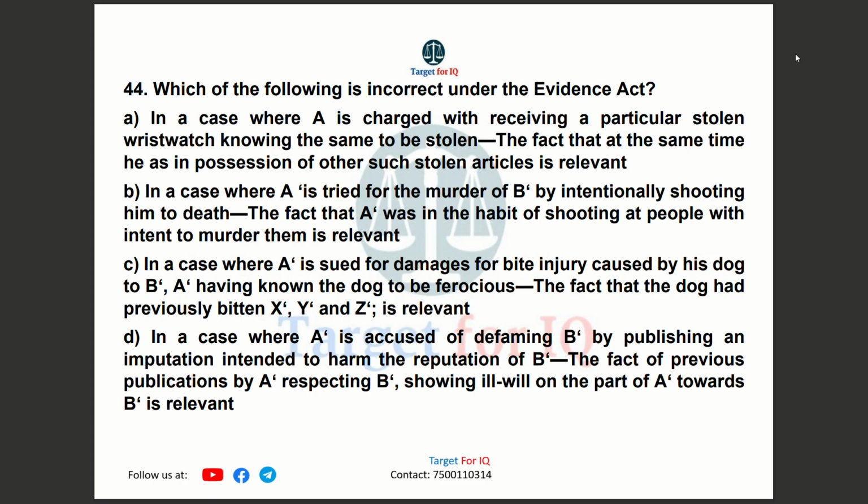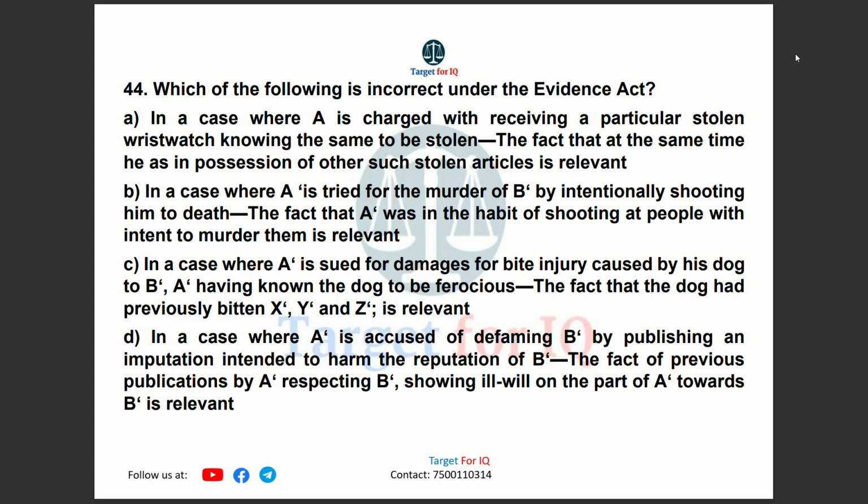Option B. In a case where A is tried for the murder of B by intentionally shooting him to death, the fact that A was in the habit of shooting at people with intent to murder them is relevant. Option C. In a case where A is sued for damages for bite injury caused by his dog to B, A having known the dog to be ferocious, the fact that the dog had previously bitten XYZ is relevant.